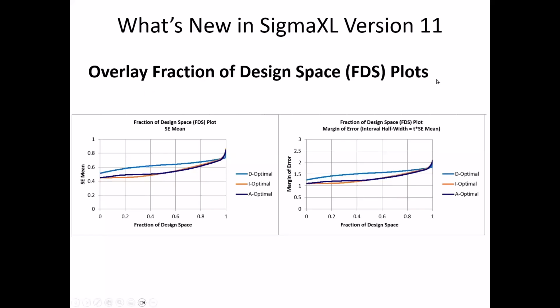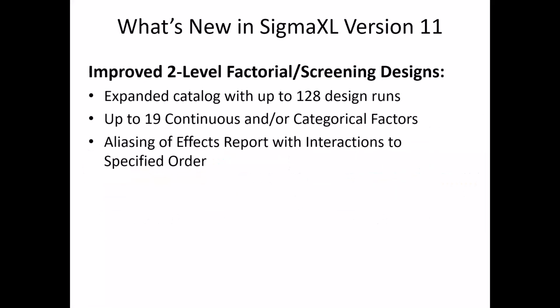And the overlay fraction of design space plot means that you are able to overlay different types of design. So you can play around with different scenarios, replications, center points, and so on, and then you do an overlay so that you can compare the prediction ability of those various designs.